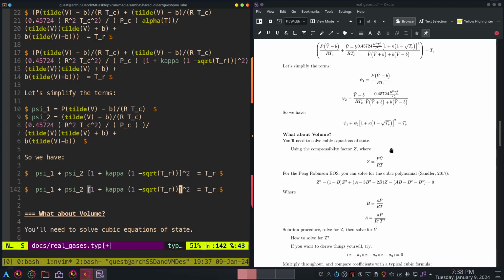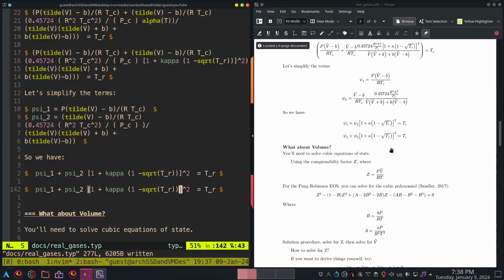Let me just do the expansion. Looks like there's no choice but to do this. Kappa 1 minus tr. No, brute force it. What choice do I have?